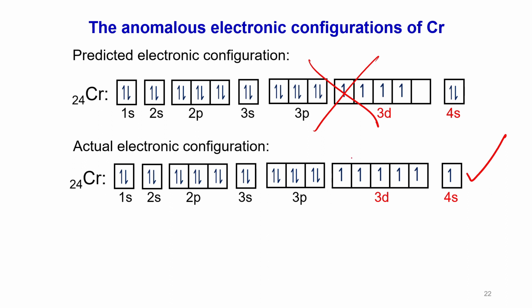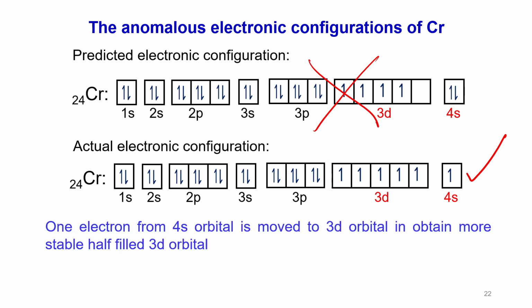Half tu maksudnya separuh kan, separuh dalam 3D. 3D ni ada 5 suborbital, subshell. So kita isi half dulu, kemudian baru 3D. So dia lebih stable compare dengan yang atas tu. Okay, more stable.